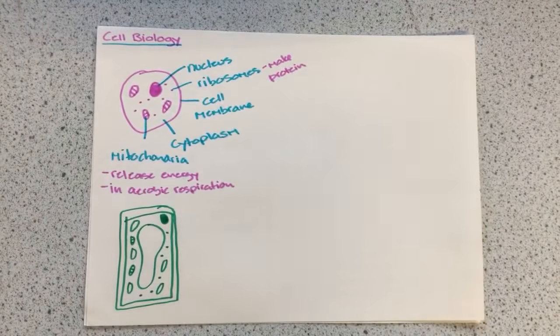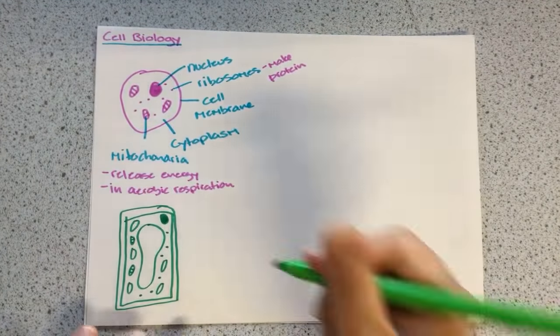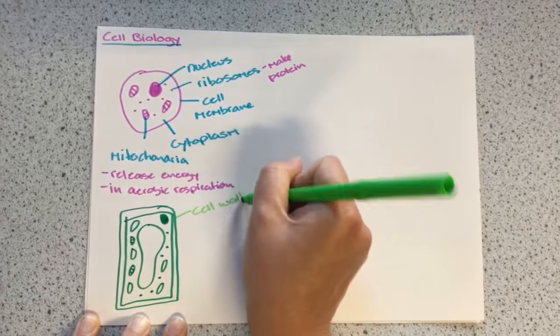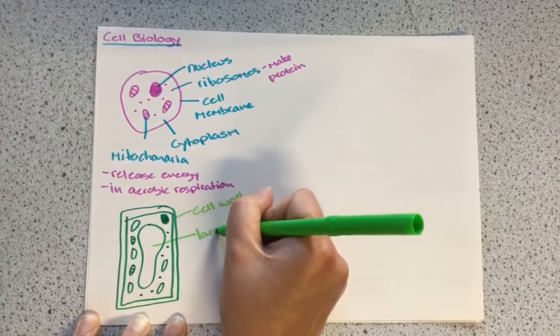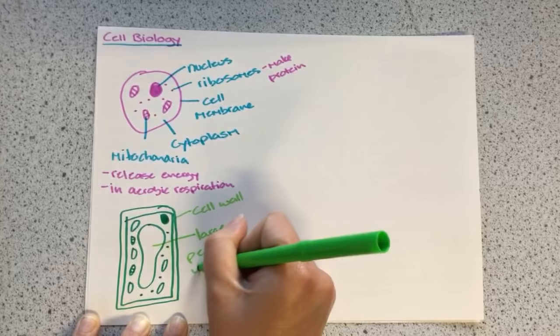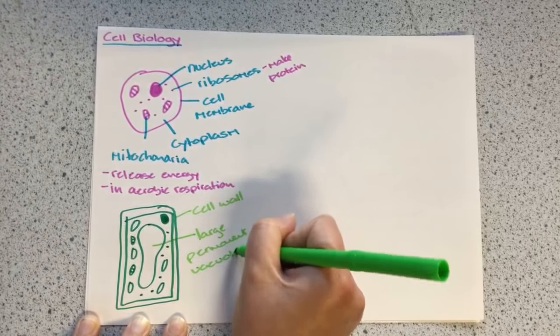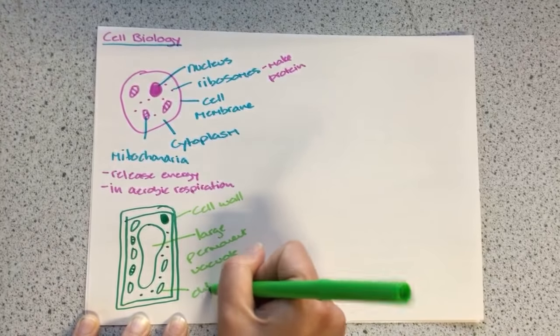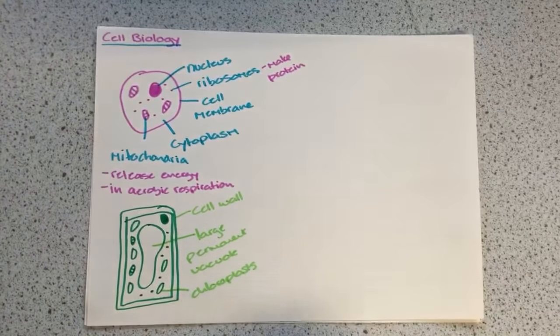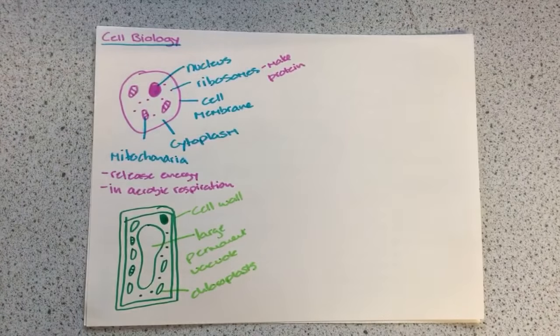So if you are asked about the identifying features of a plant cell, it has got a cell wall. It's got a large permanent vacuole, and they also have chloroplasts. And these are the parts of a plant cell that are different. Chloroplasts obviously absorb light energy, and that's what Miss Heslop will be talking to you about a little bit later on.